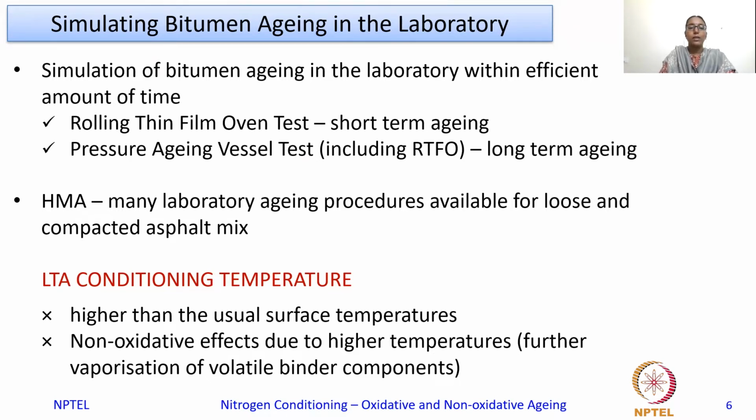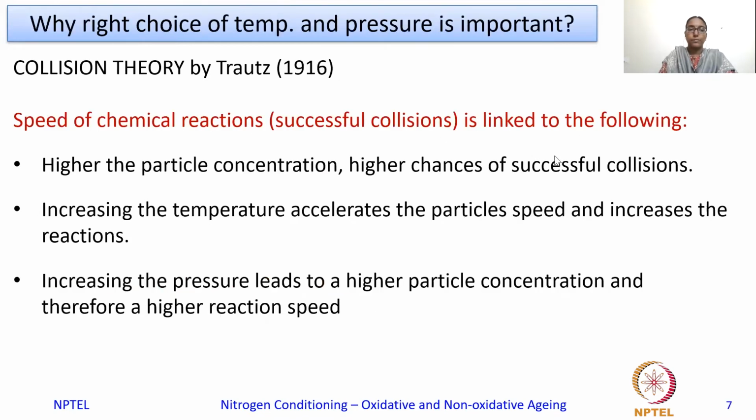When you look at the long-term aging or conditioning temperature, it is of the order of 90 to 110 degrees Celsius, which is higher than the usual surface temperatures in the field. There is a possibility that non-oxidative effects also happen at these high temperatures, which cause further vaporization of the volatile binder components, which does not usually happen in the field.